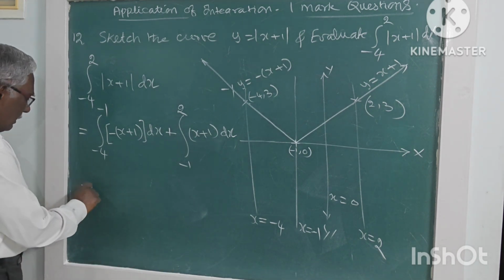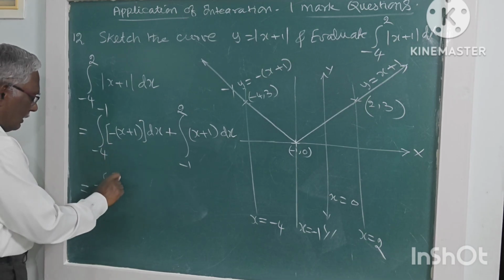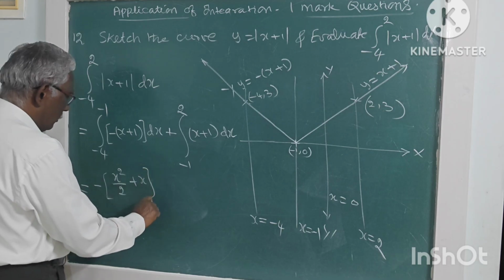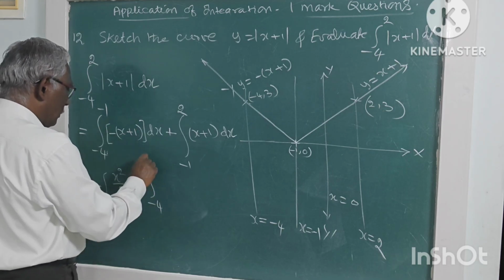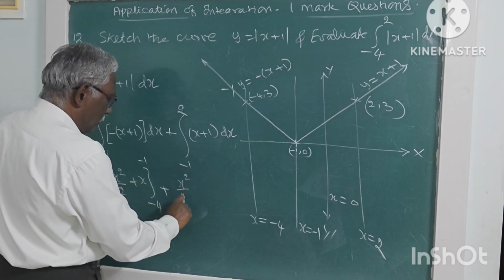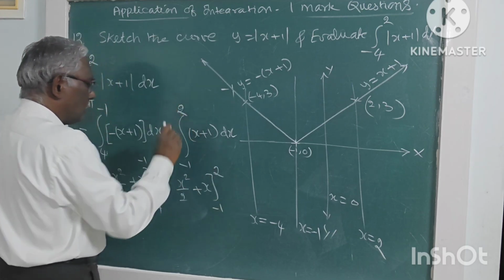So this gives what now? Minus, I will take outside, x square by 2 plus x from minus 4 to minus 1, plus x square by 2 plus x from minus 1 to 2.